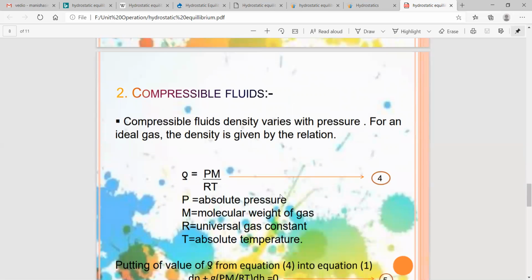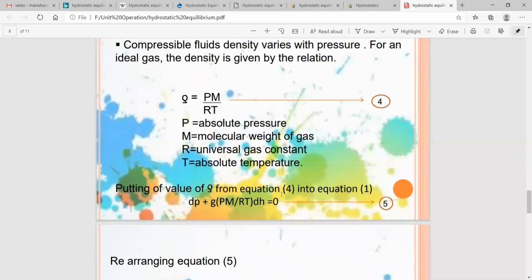Then compressible fluids. For compressible fluids, density varies with pressure. For an ideal gas, the density is given by the relation rho is equal to PM by RT. P is absolute pressure, M is molecular weight of the gas, R is the universal gas constant, T is absolute temperature.